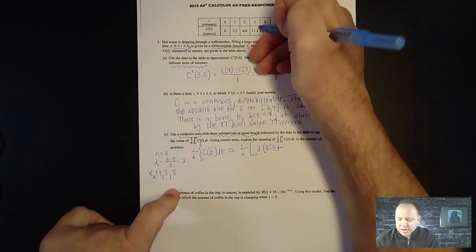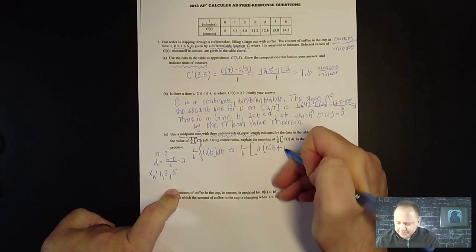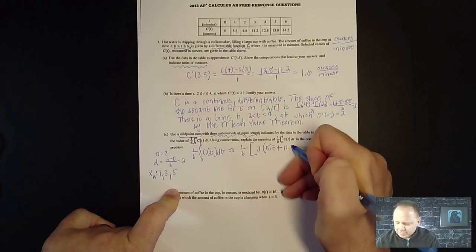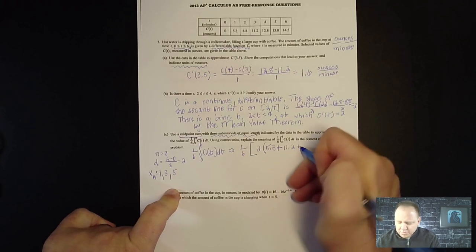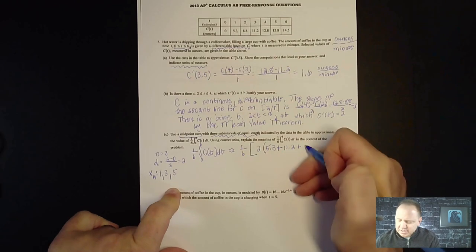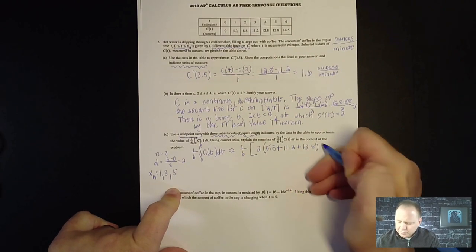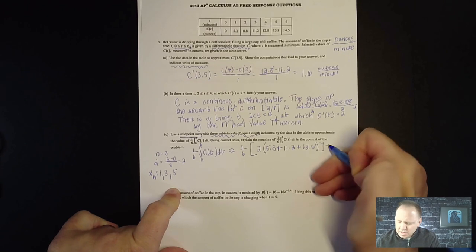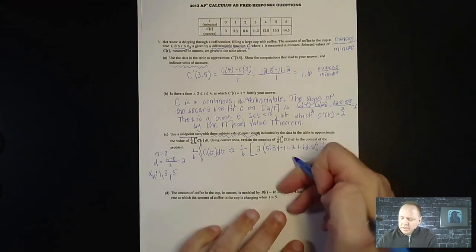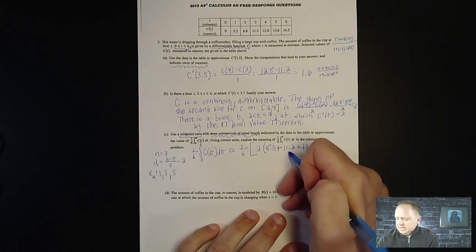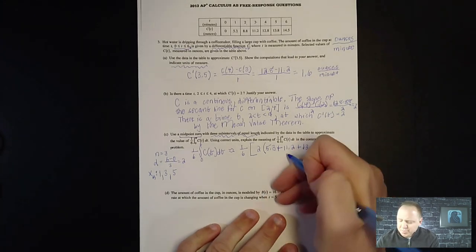Plus c of 3, which is 11.2, plus c of 5, which is 13.8. Now, again, you don't have a calculator, but I see this is 25. That would be 30.3.